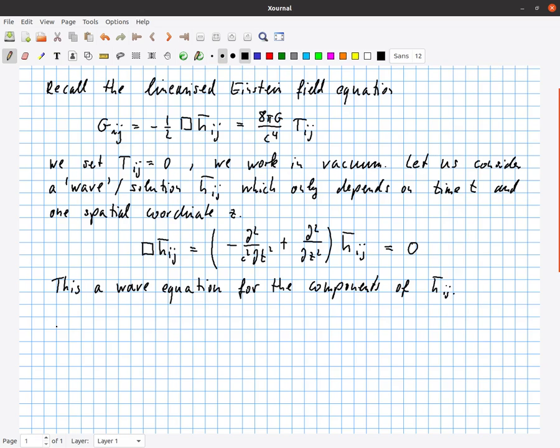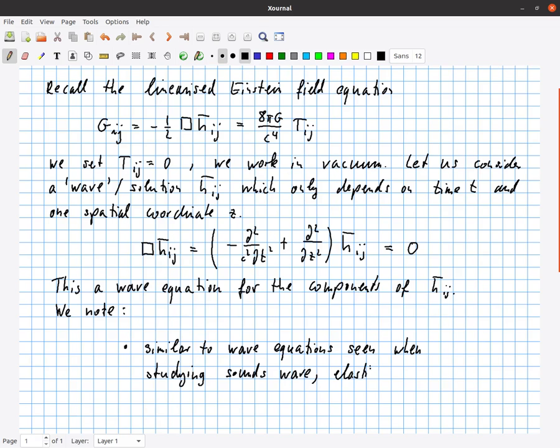So we'll just make a little note here. We note similar to wave equations seen when studying, for instance, sound waves, elastic waves.